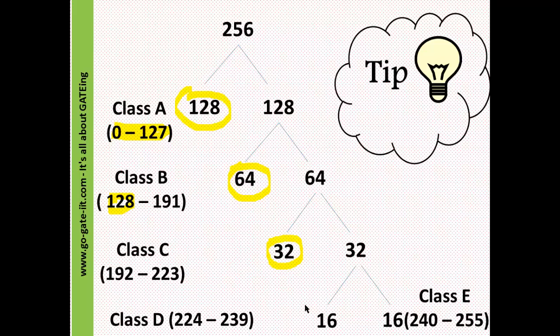Again 223 plus 16 gives you 239, and 239 plus 16, the rest of the 16, gives you 240 to 255. That's how you can easily determine which class the given IP address belongs to.